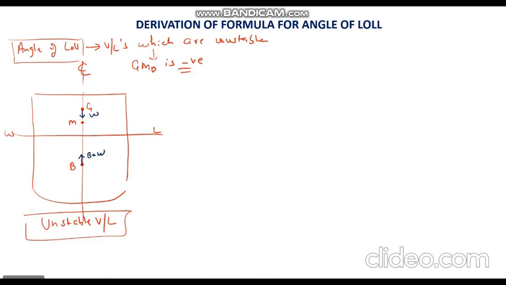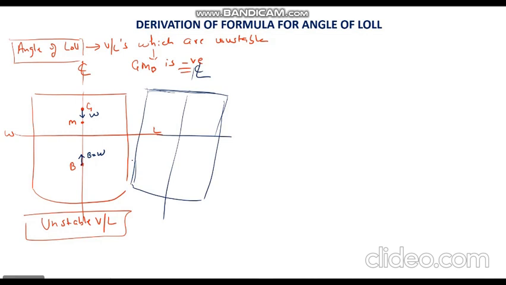What is the problem then? The problem is this: if the ship inclines out of the upright condition, now B shifts to B1 somewhere down here, and through B1, I'm just taking this line slightly like this to bring the metacenter down. So you have the metacenter here, and you have G up.